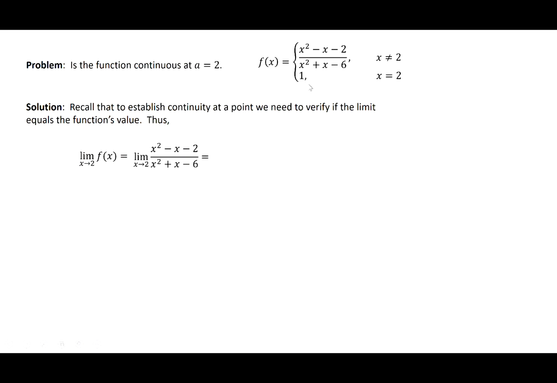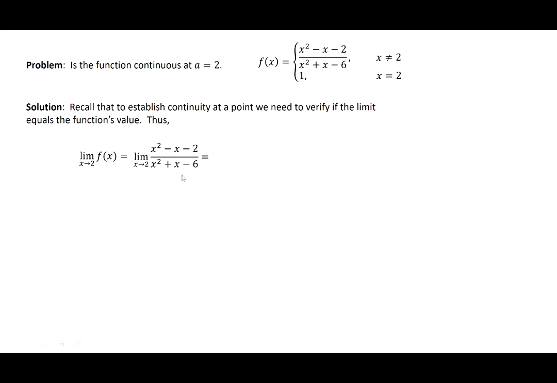Why not the limit of 1 as x approaches 2? That is because when we say as x approaches 2, we are not talking about x being equal to 2. So this bottom part doesn't apply so far as the limit of f of x as x approaches 2 is concerned. And that's why we take the limit of this quantity.